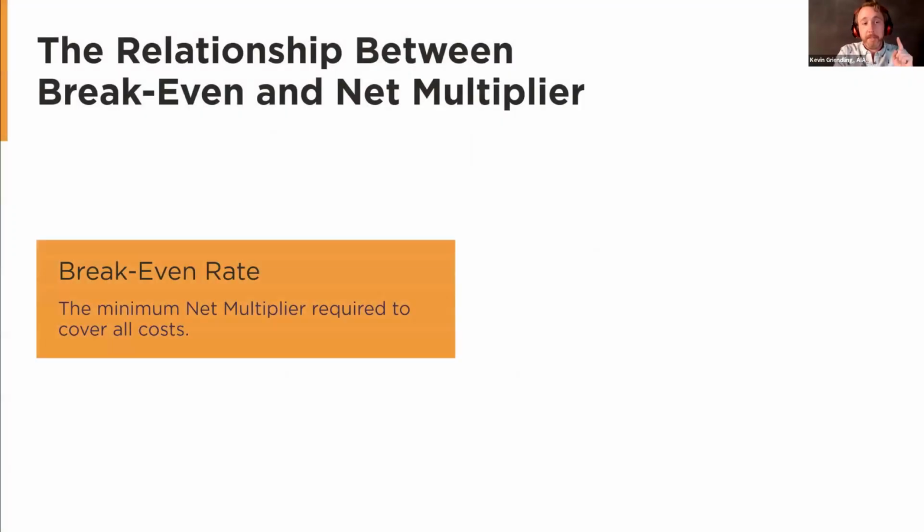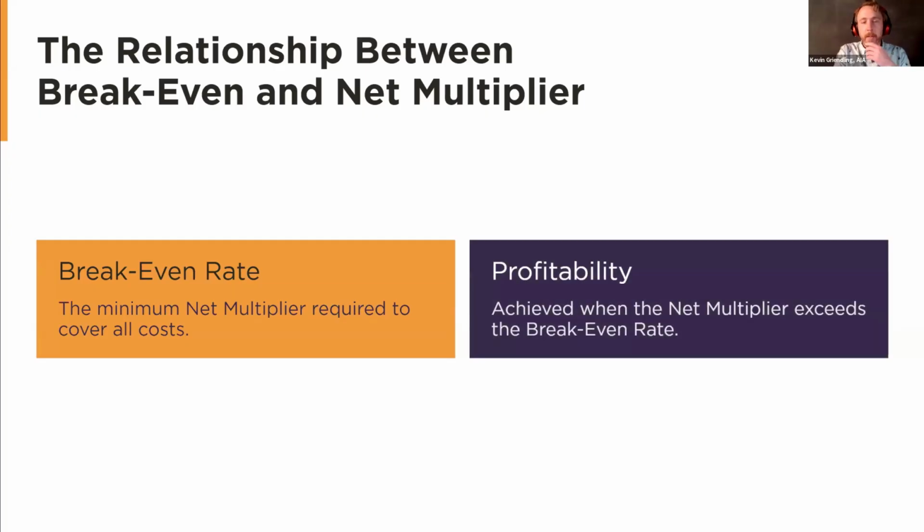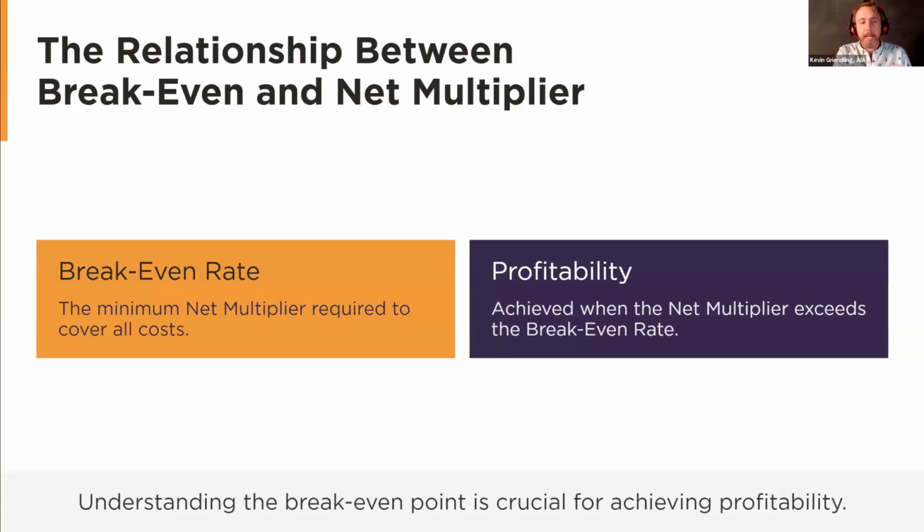Your break-even rate is your minimum net multiplier required to cover all costs. So your break-even rate is a multiplier. It's a benchmark of a multiplier. Profitability is achieved when the net multiplier exceeds that break-even rate. This is really your most crucial benchmark for architecture financial performance.